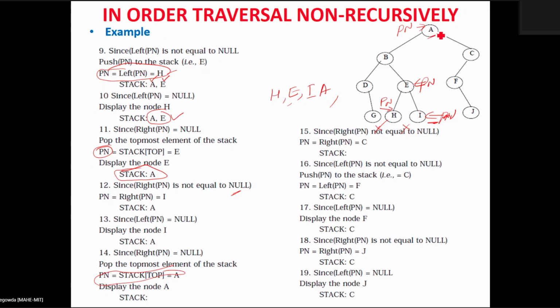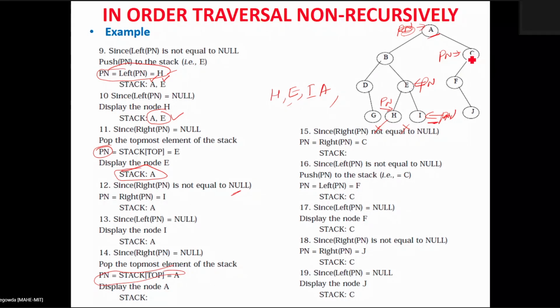Then you have to assign the address of the right subtree to Pn. So now Pn is pointing to this node. In the next iteration, Pn is pointing to C. Then you have to test whether the left subtree is there for this Pn or not.